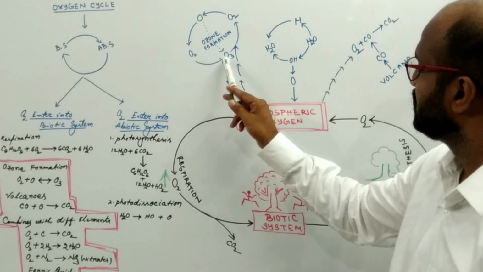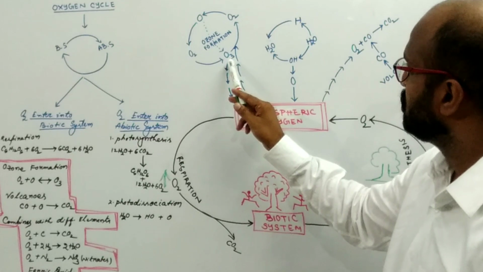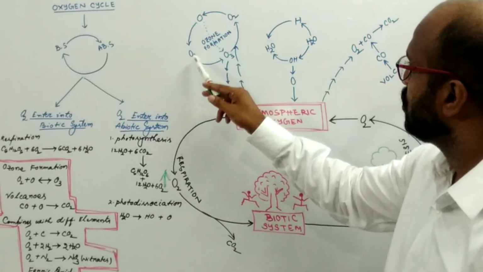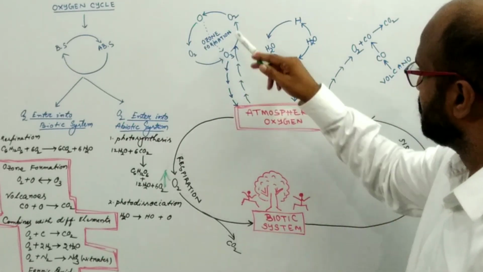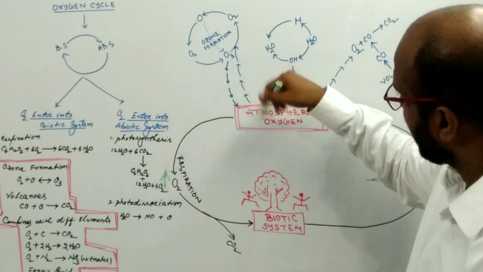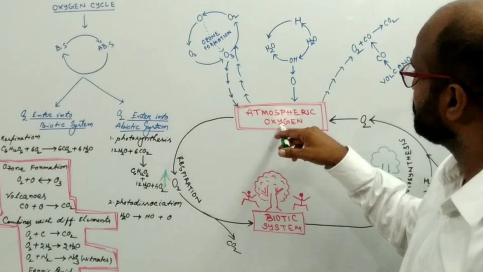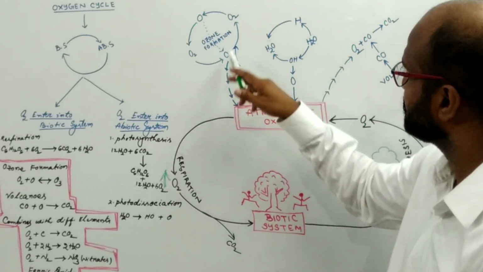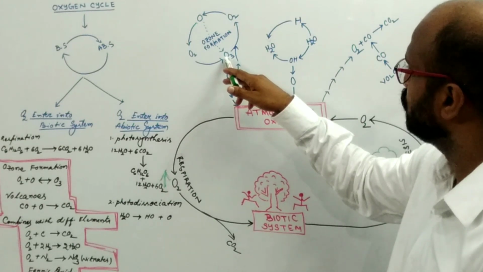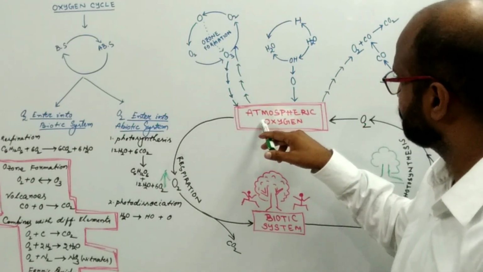This is the ozone, and by the dissociation of ozone, O2 is formed. So there is a reversal process. This is the two-way path of exchange of oxygen in the formation of ozone: oxygen is utilized from the atmospheric oxygen, and the dissociation of ozone releases oxygen back to the atmosphere.